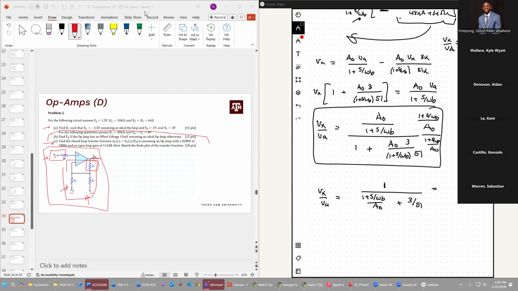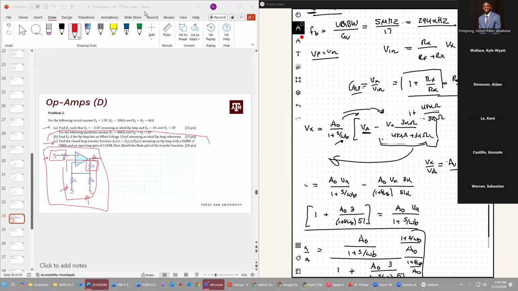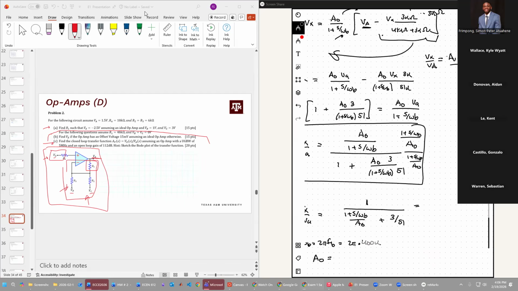And now if we simplify, we know this is 2 pi FB. We found FB previously to be 400K, just about. A0 was, wait, was FB? No, FB was 294 kilohertz. This was 400,000.